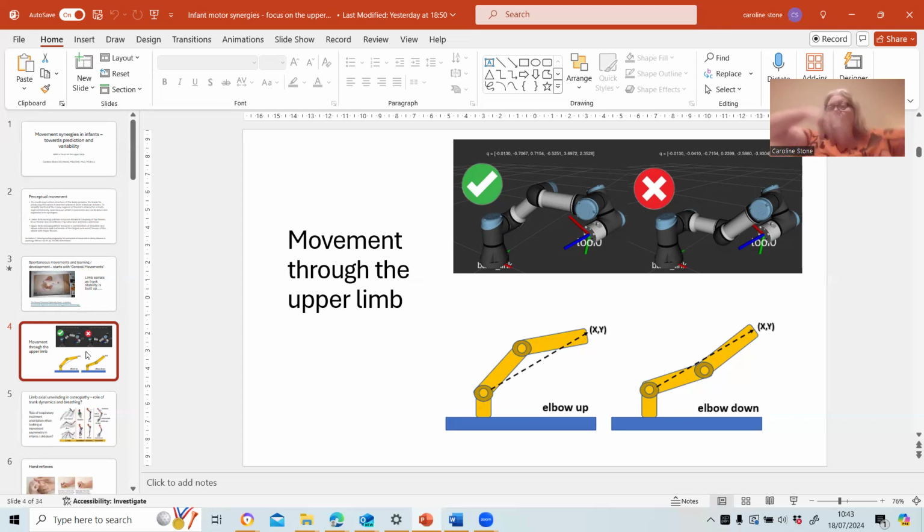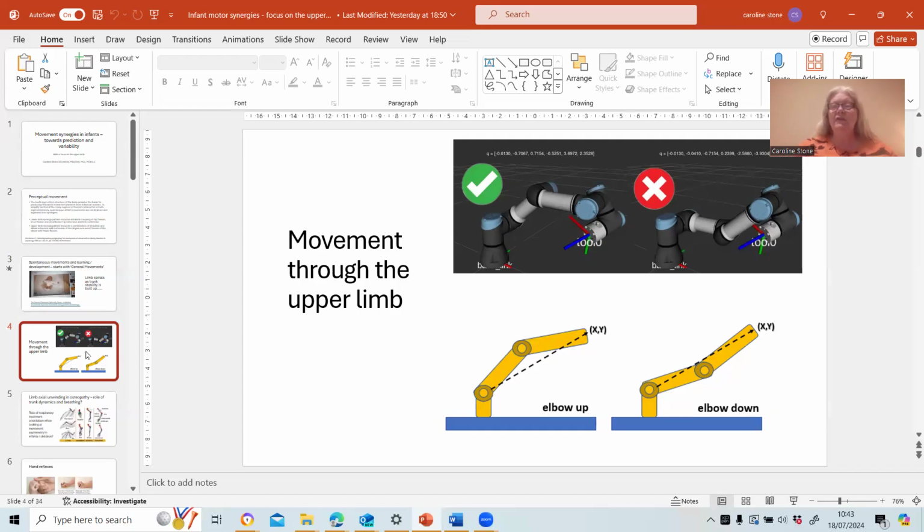If the infant is able to have these spontaneous movements expressed fully through the limbs, then they can essentially experience a whole variety of potential motor synergies within the limb, and therefore come up with which one is going to be more successful for task A or task B.